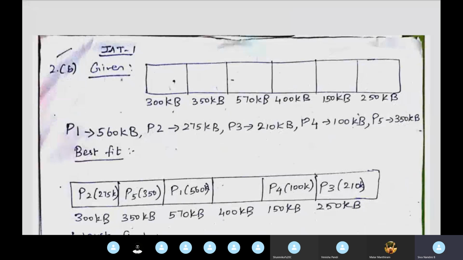This is the memory allocation problem. Many have written it correctly. In the question given for IIT 1, they have given some partitions as shown in this figure.